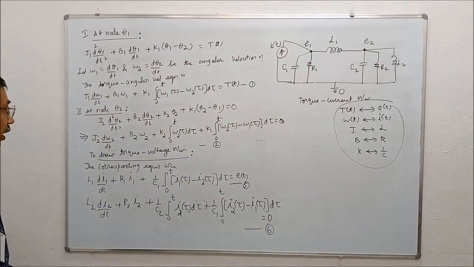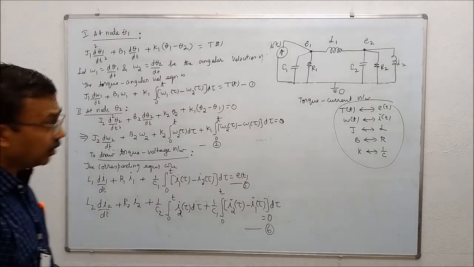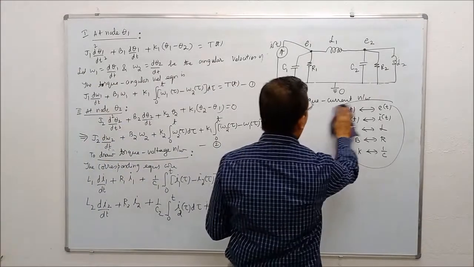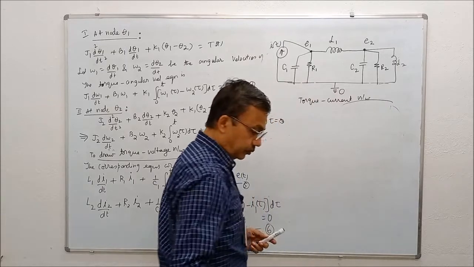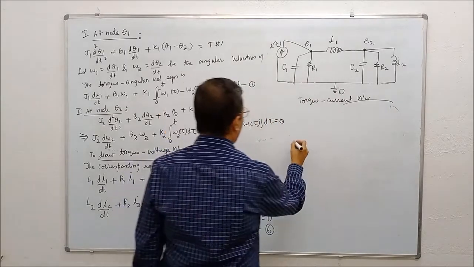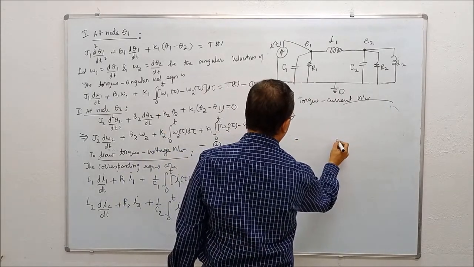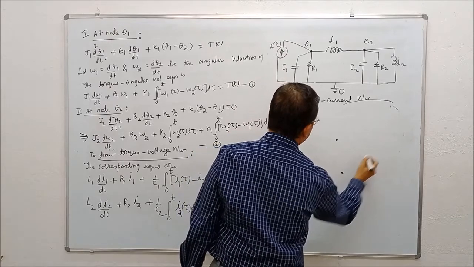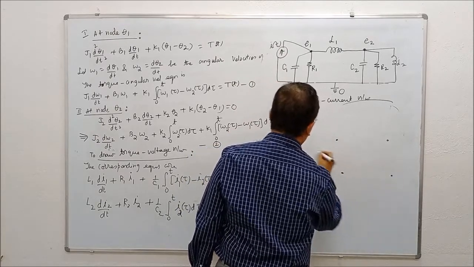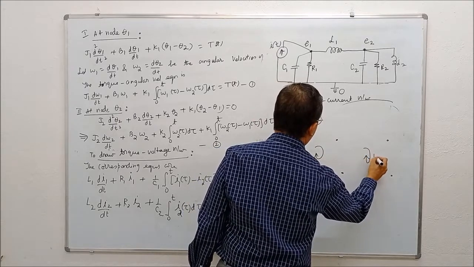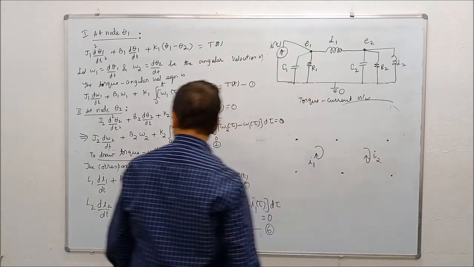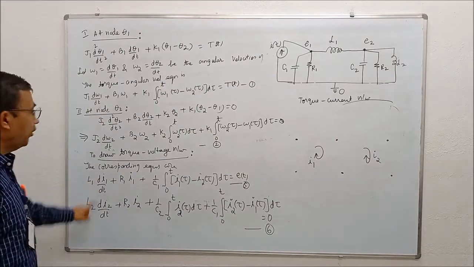Using equations 5 and 6, we draw the torque voltage network. We mark two mesh currents, I1 and I2. Current through L1 is I1.